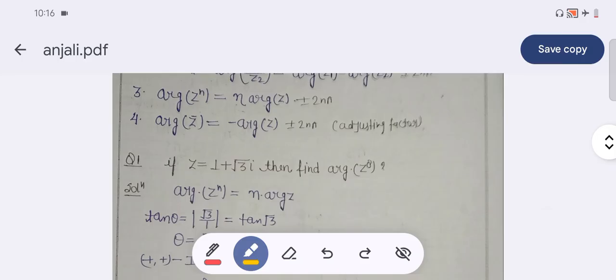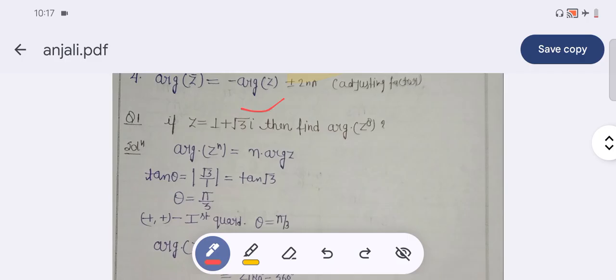Third is argument of z to the power n. This will be n times argument of z. And the next is argument of z conjugate, which will be minus argument of z. These properties are all similar to log.